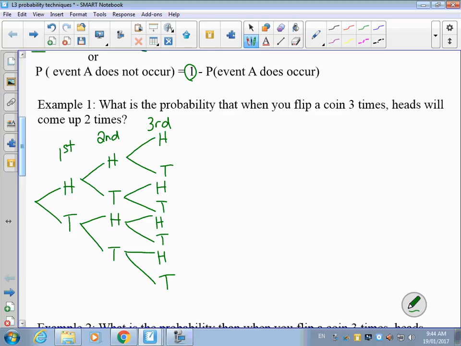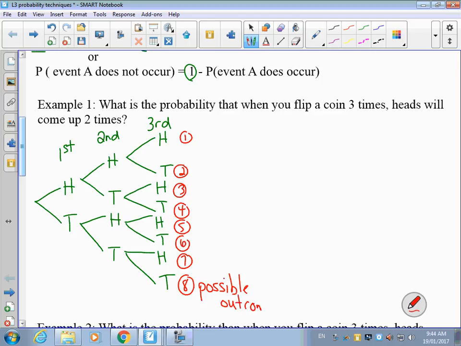So I want to know, what's the probability when I flip a coin 3 times? There's my possible outcomes. If I flip a coin 3 times, there's 1, 2, 3, 4, 5, 6, 7, 8 possible outcomes. Those are the total number of outcomes I could get following my tree diagram.